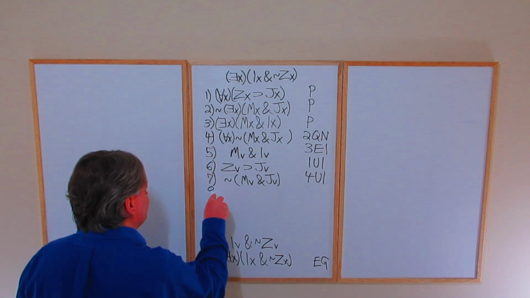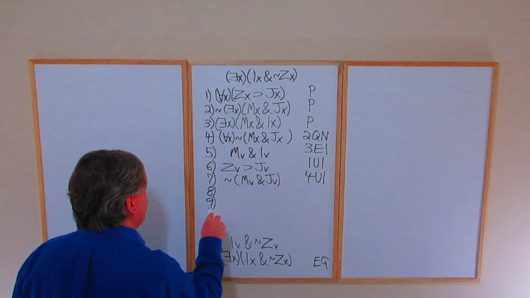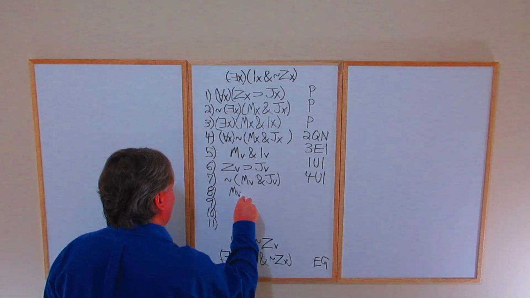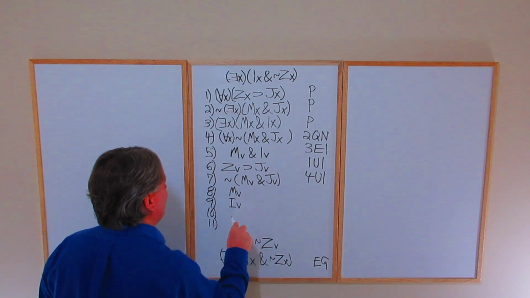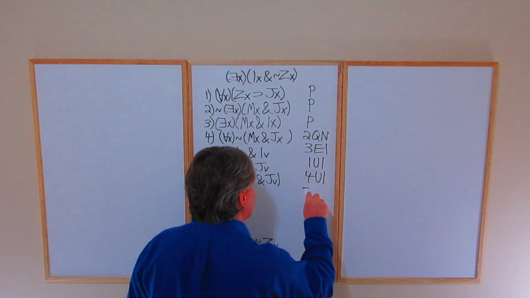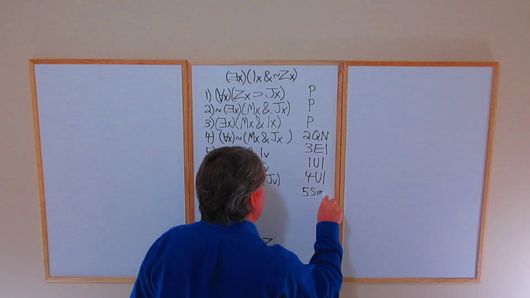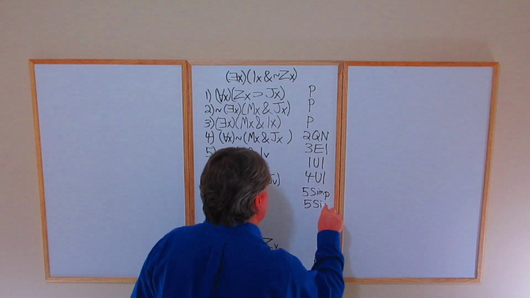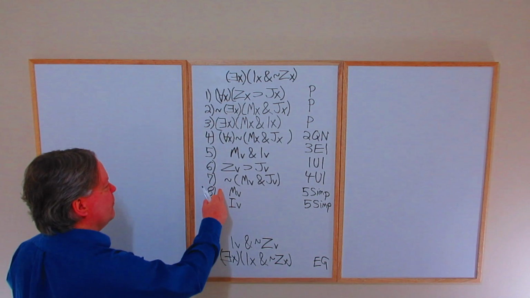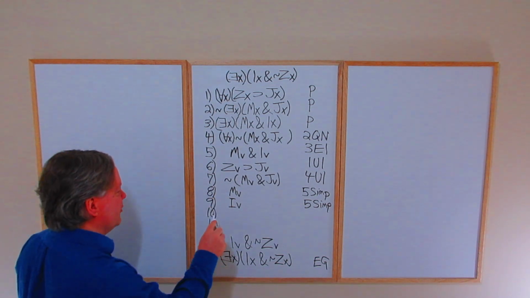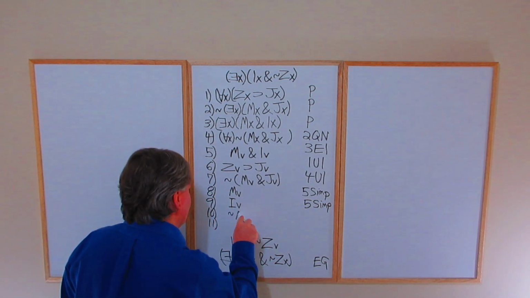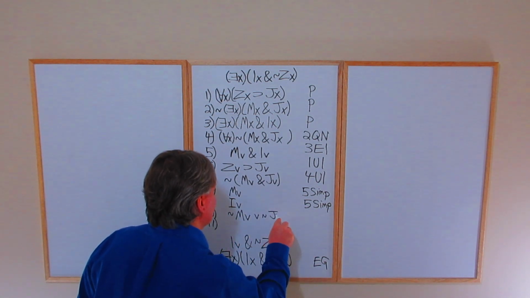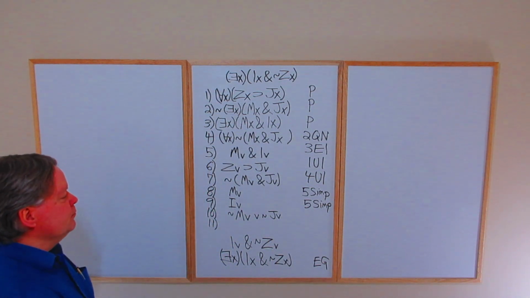So, a couple of quick simplification steps. Then we'll do a De Morgan's on 7 to get tilde MV or tilde JV.